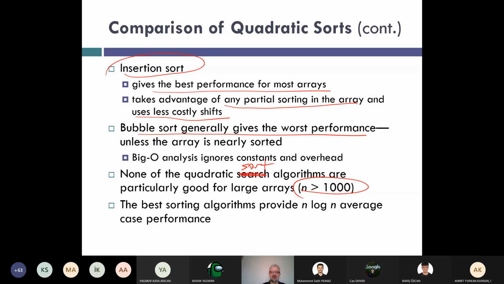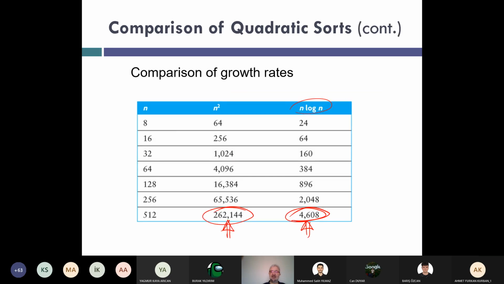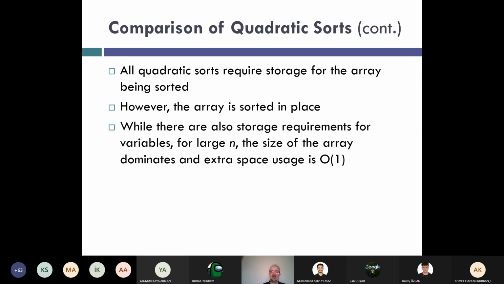But their best case performance, especially for insertion sort, is a lot better than n log n algorithms. That's why you can prefer these algorithms if the array is almost sorted.